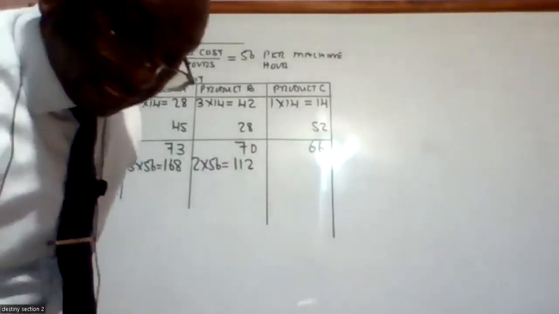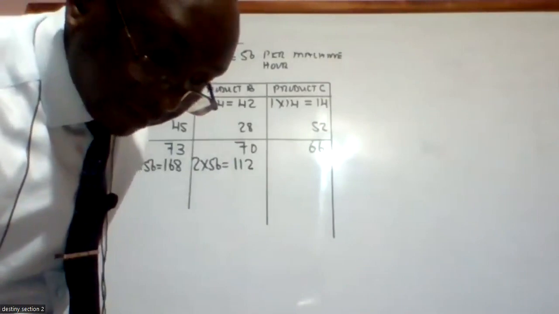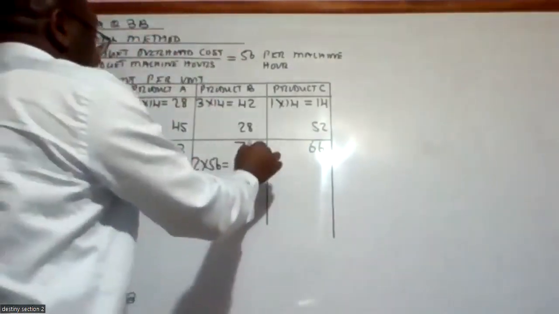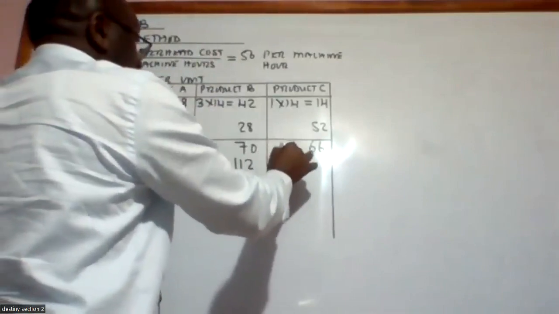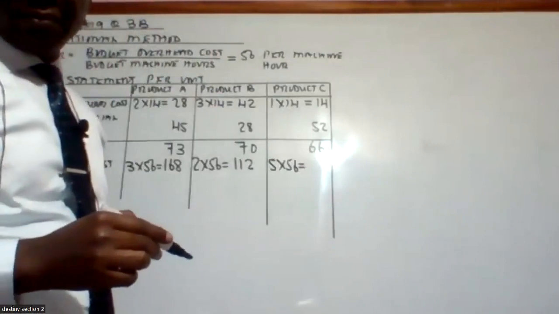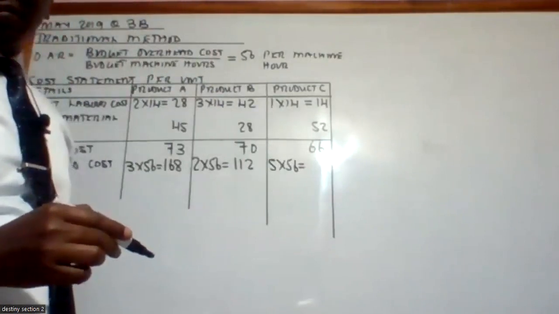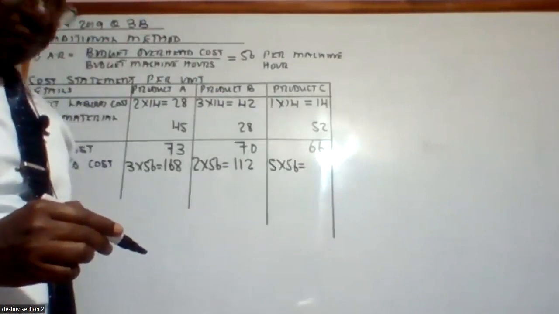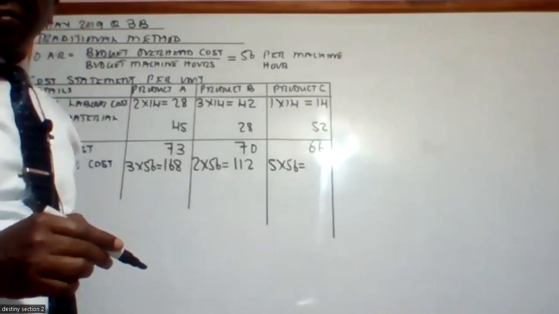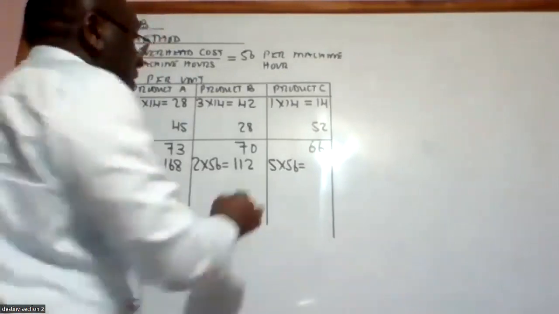And this other one is 5, so 5 times 56. That is 280.